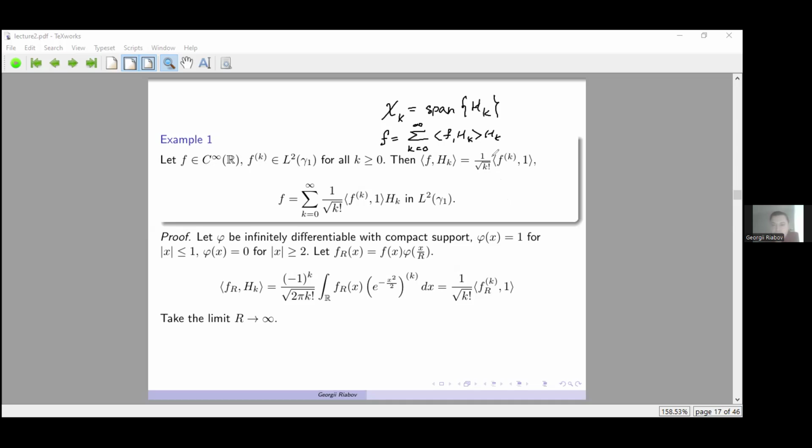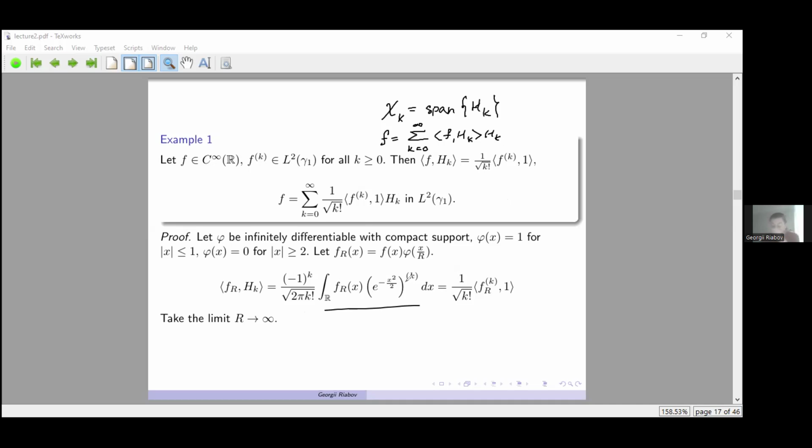And it turns out that this product equals 1 over square root of k factorial, the integral of the k-th derivative of f. So the idea is just to write explicitly this inner product and integrate by parts k times.